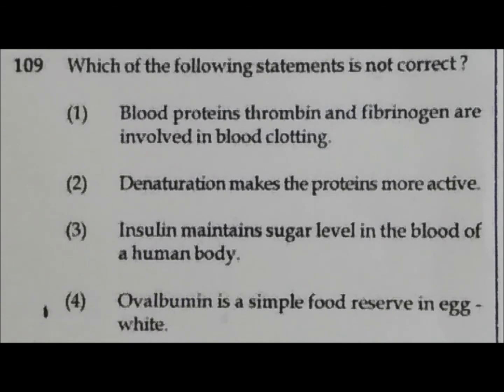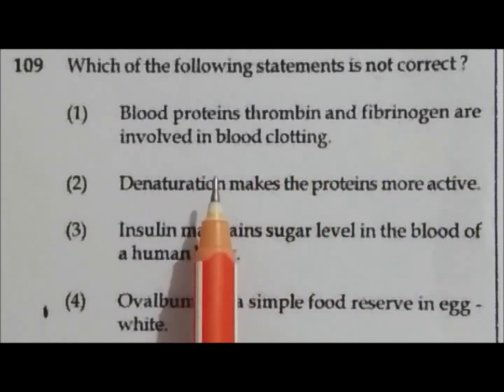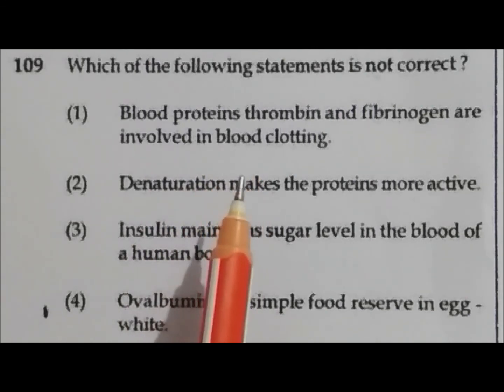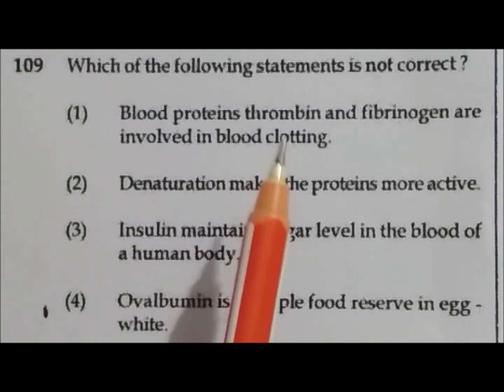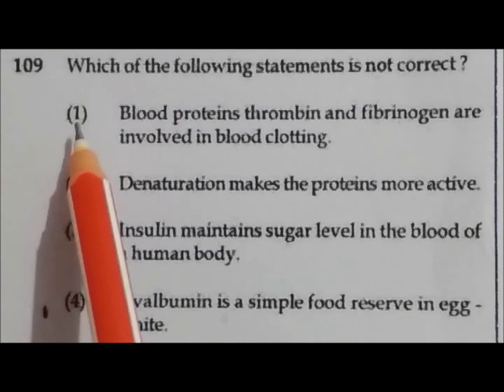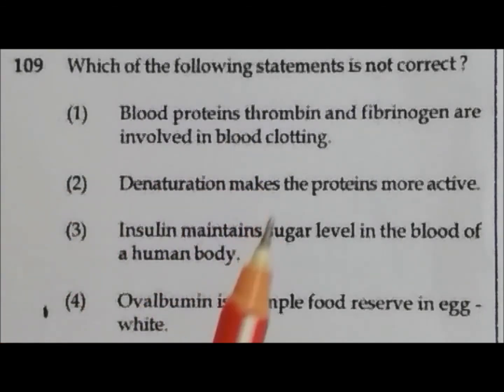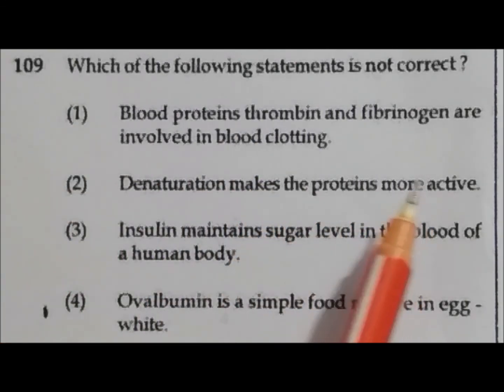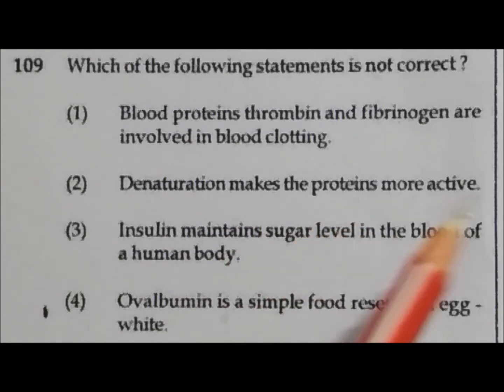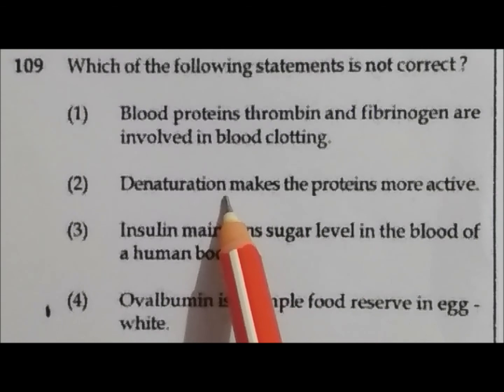Which of the following statements is not correct? Blood proteins, thrombin and fibrinogens are involved in blood clotting. This is a correct answer. Denaturation makes the protein more active. This is not the correct answer, because if you denature the protein, what will happen?